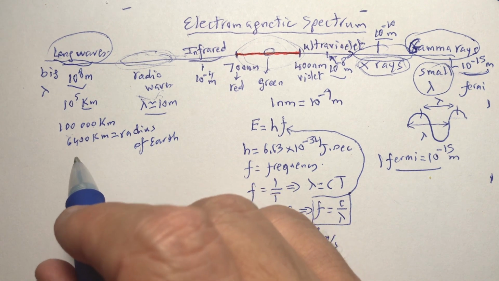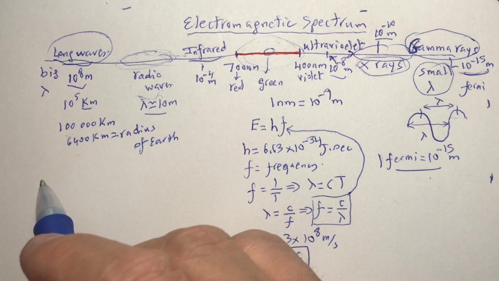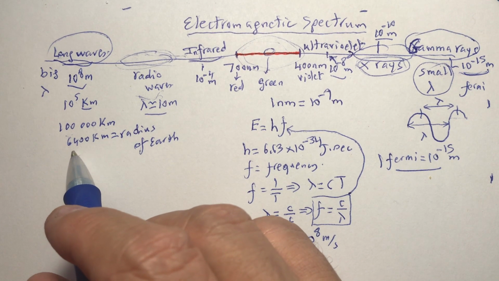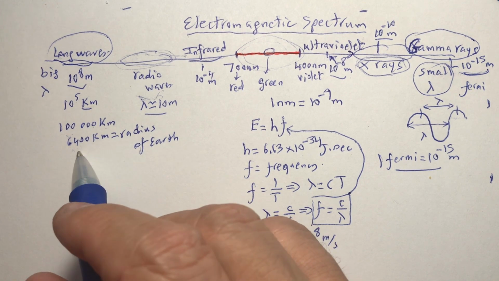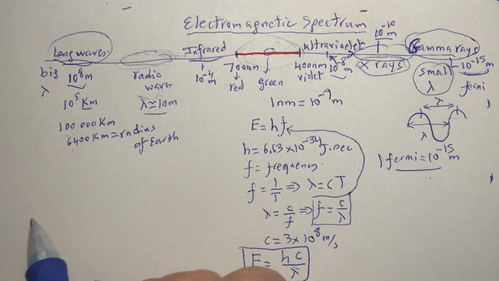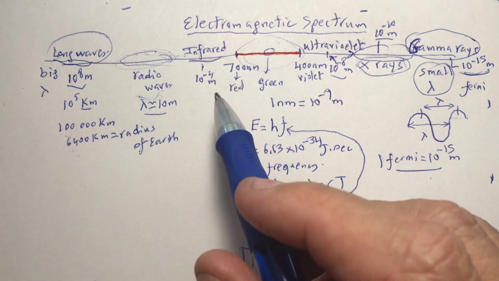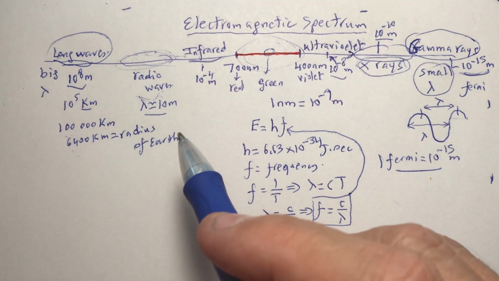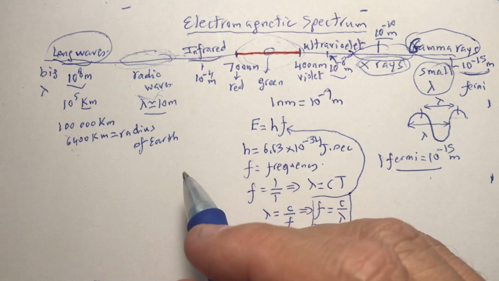So that's really something: some waves are bigger than the radius of the Earth, or even bigger than the diameter of the Earth. These waves go with the speed of light. Why? Because they don't have mass. No mass, you go with the speed of light.